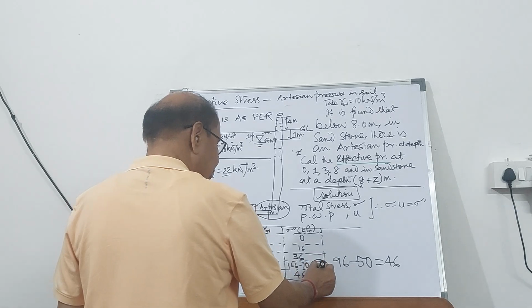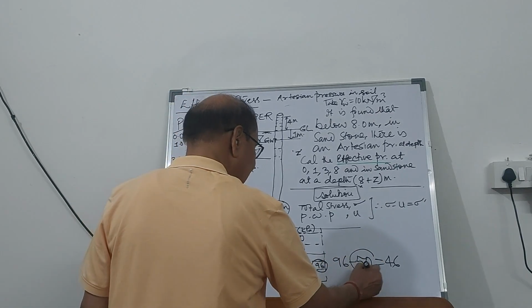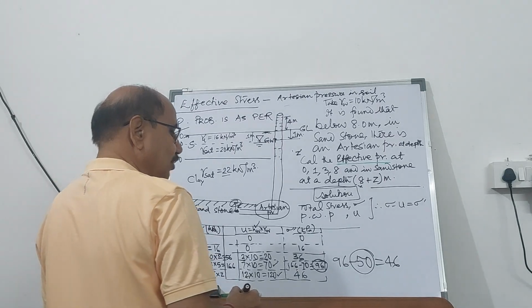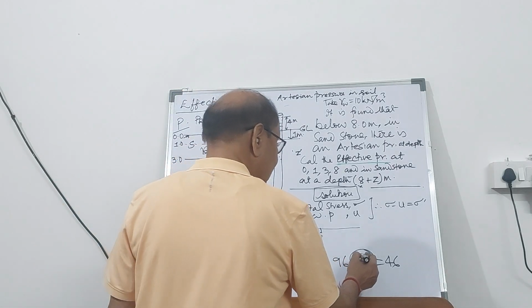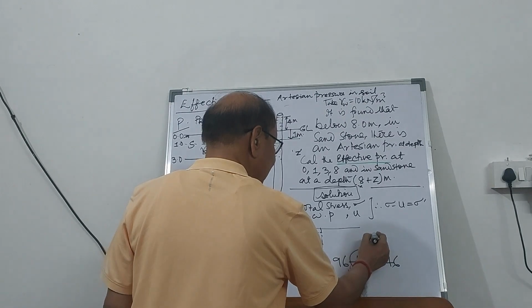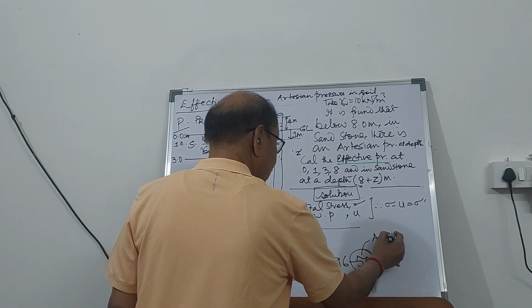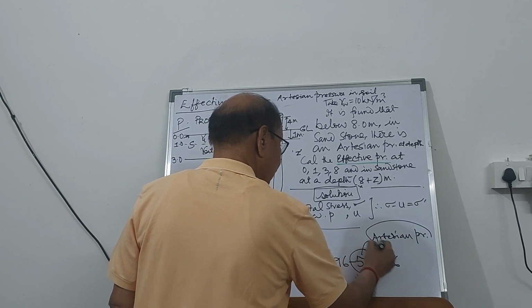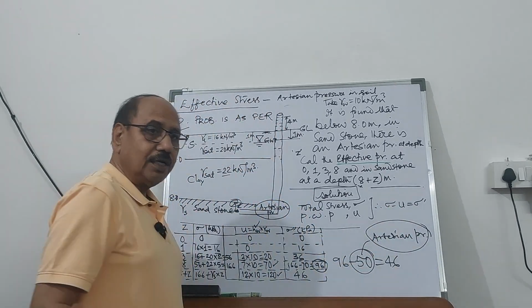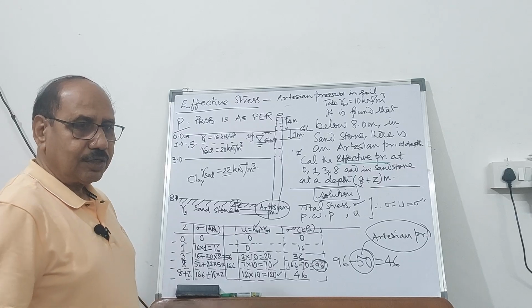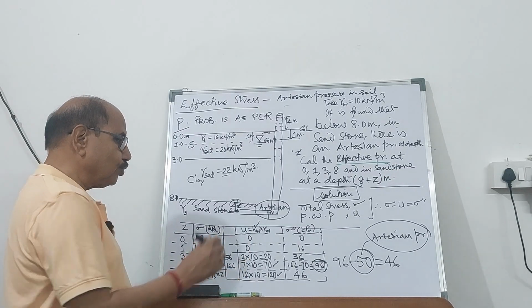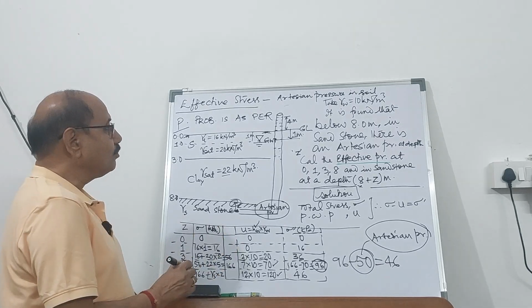So your pore water pressure will go up by 5 into 10. That is, pore water pressure is going to increase because of the Artesian pressure. So Artesian pressure is going to be of paramount importance here, and one should look to this problem.